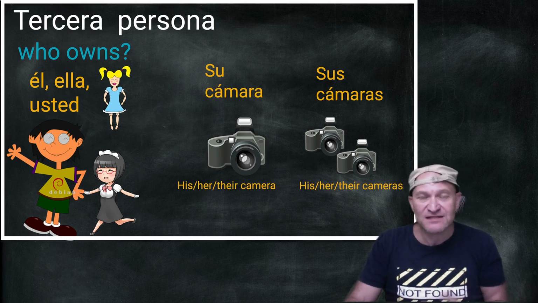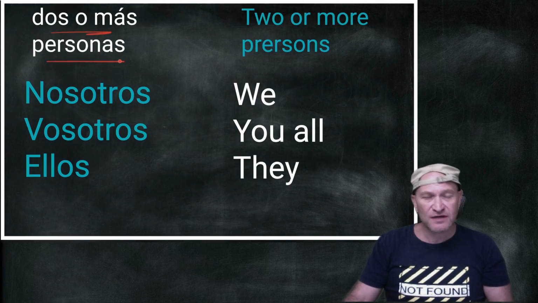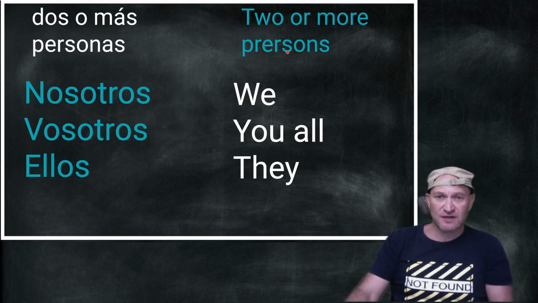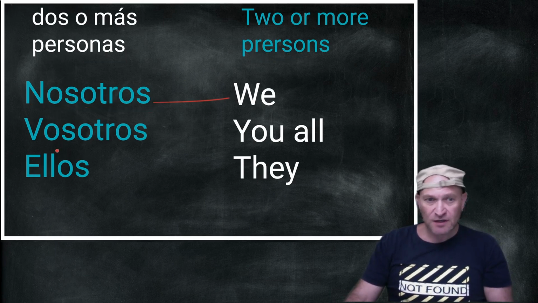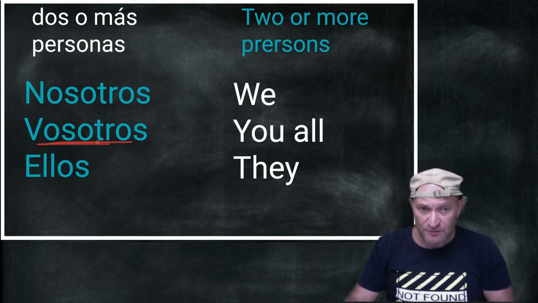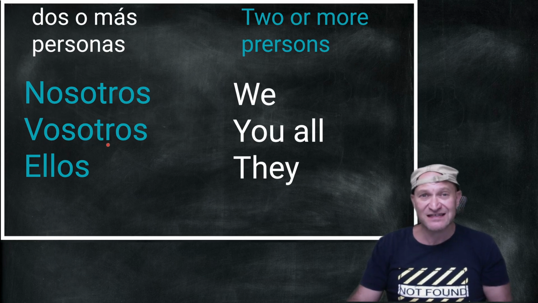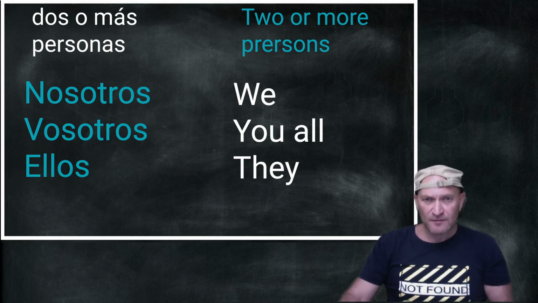A ver qué es lo que pasa cuando hay más de dos personas. Dos o más personas. Two or more persons. Nosotros, we, vosotros, you all, and I want you to focus on vosotros because it doesn't exist in English, and ellos, they. Vamos a ver.